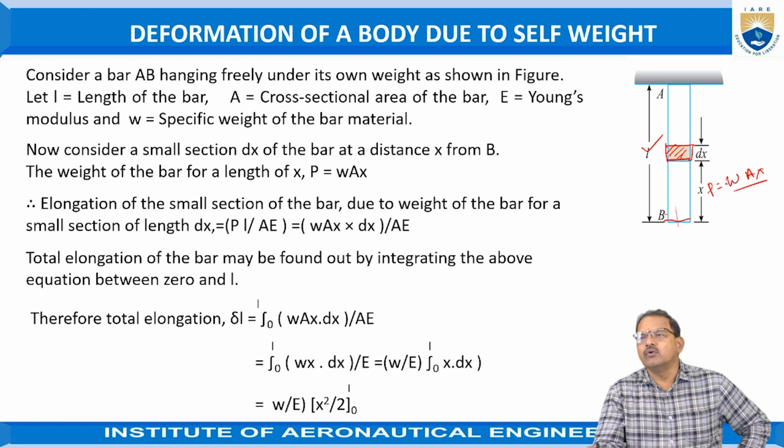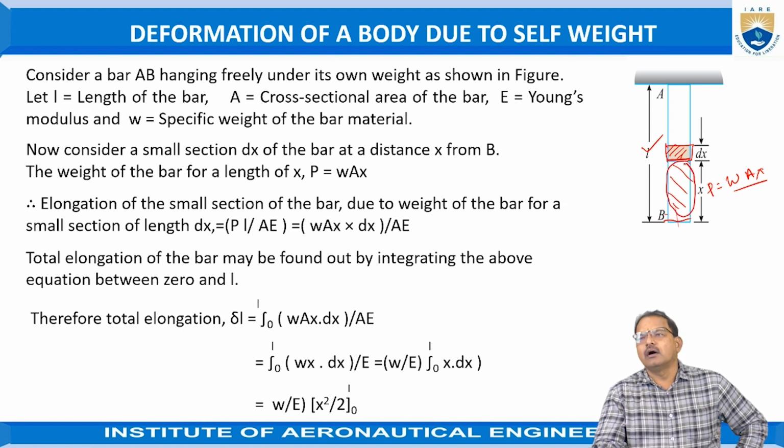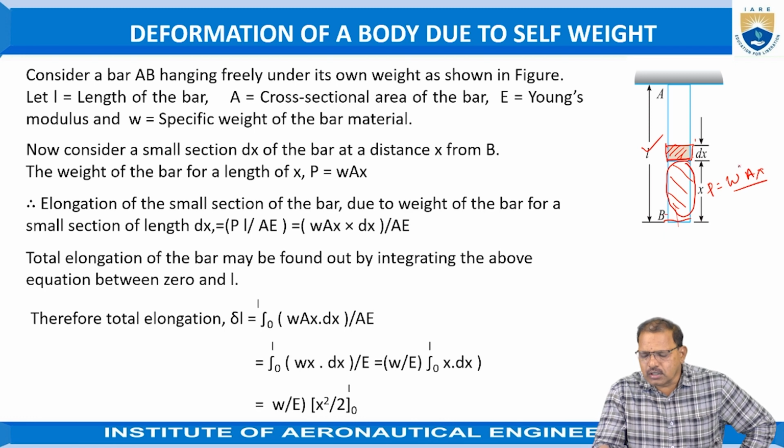This is nothing but the entire load of this part, and it is acting on this dx length. Hence, the load acting on the small element is given by P is equal to w into A into x.